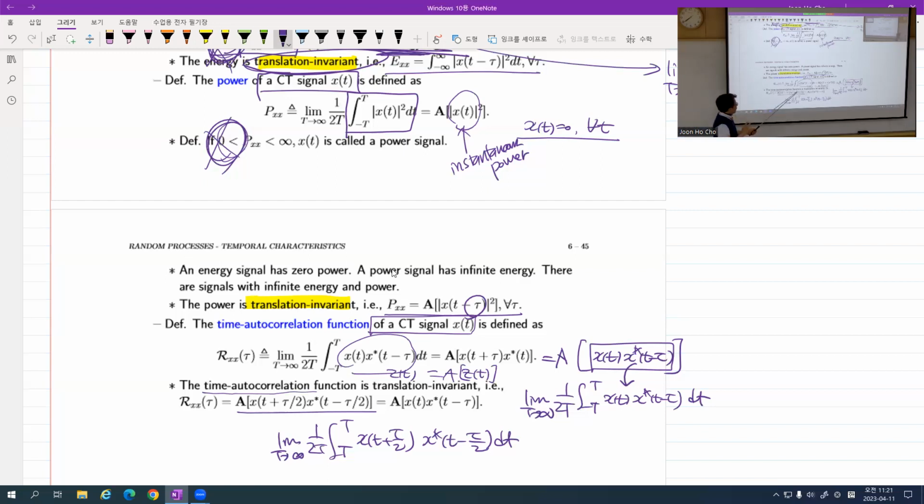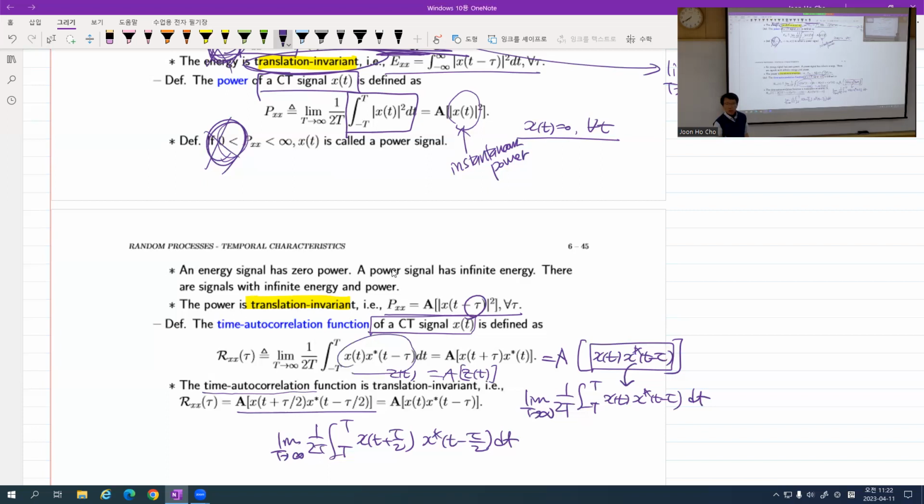But using the translation invariance, actually, you can rewrite this one as that one, or if you want, like this. And sometimes this definition of time autocorrelation function is more useful. Sometimes this is useful, sometimes that is useful. But the commonality is like this.